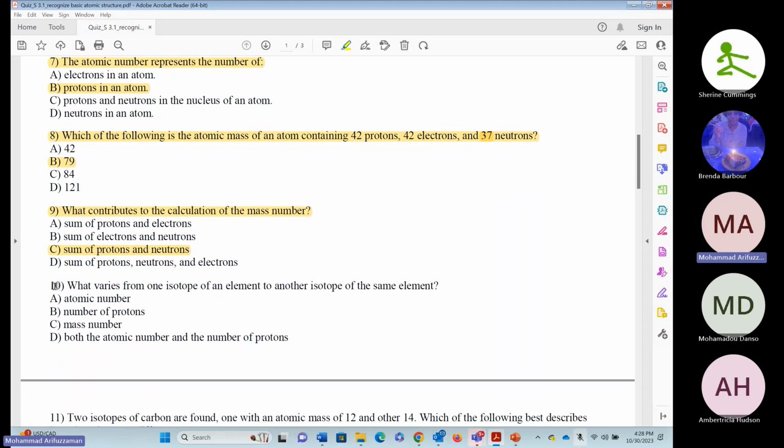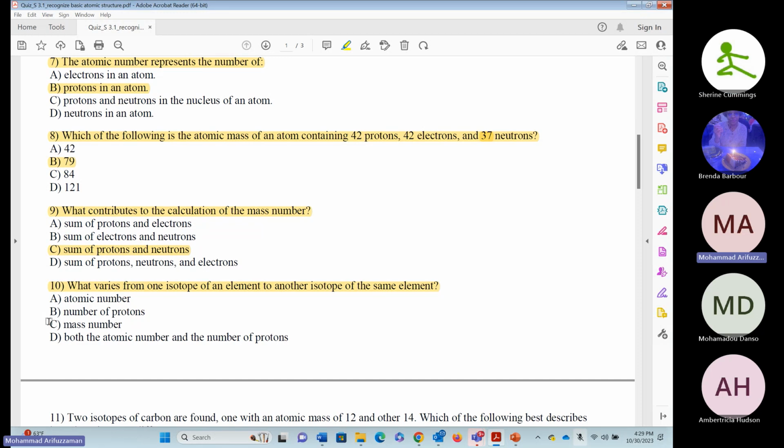Now, what varies from one isotope of an element to another isotope of the same element? Is it the mass number?